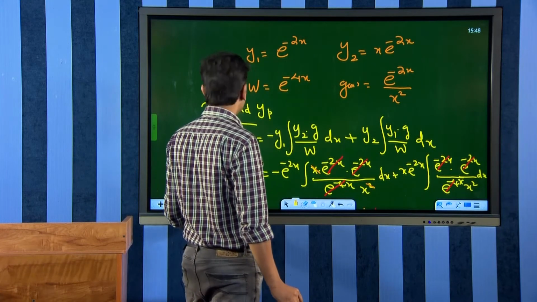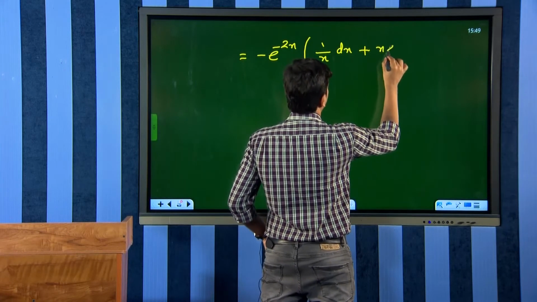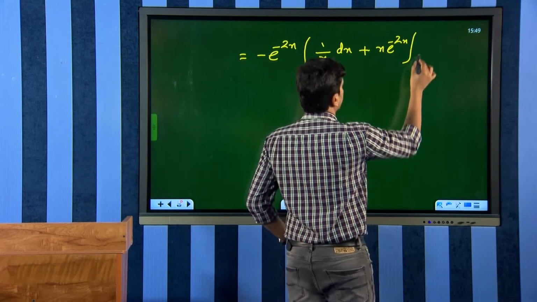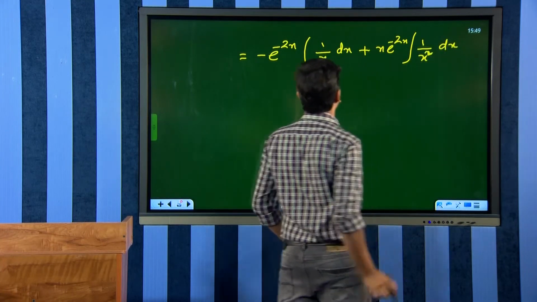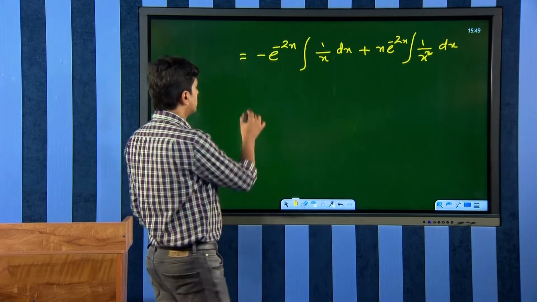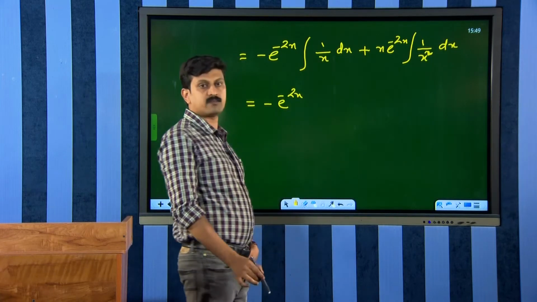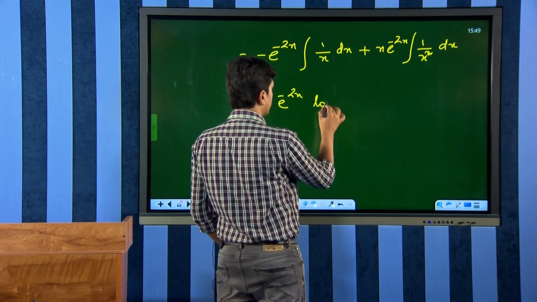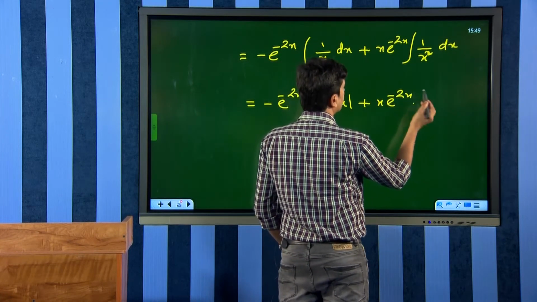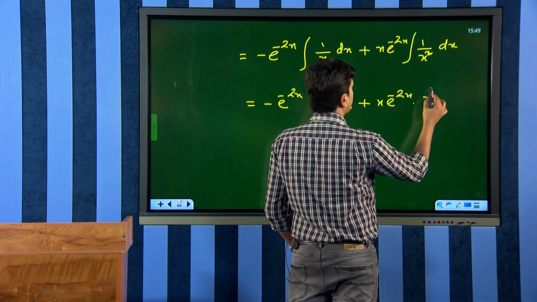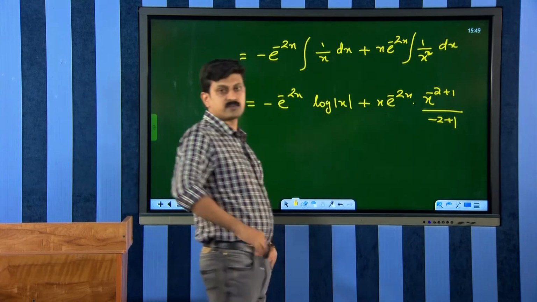So, this is equal to minus e raised to minus 2x times the integral of 1 by x, that is log mod x, plus x e raised to minus 2x times the integral of x raised to minus 2, that is x raised to minus 2 plus 1 divided by minus 2 plus 1.